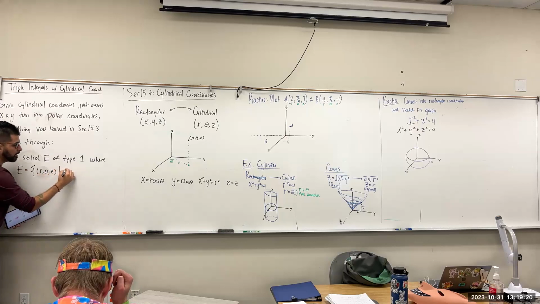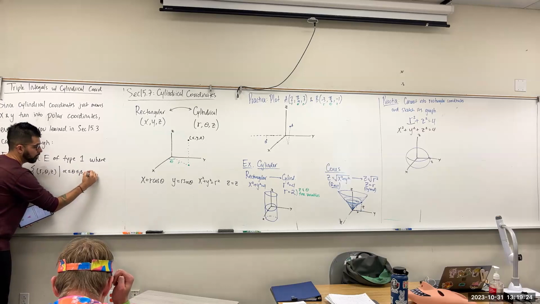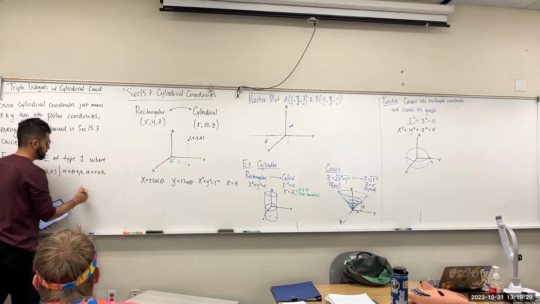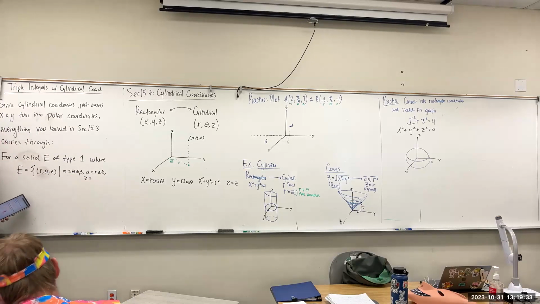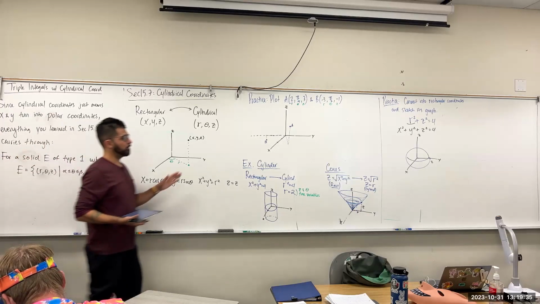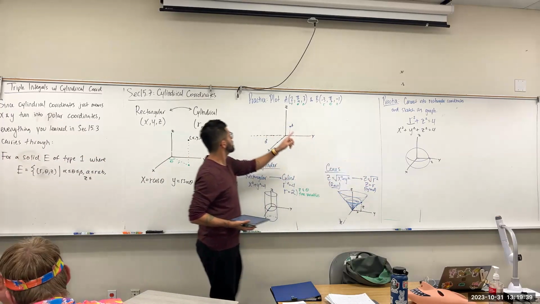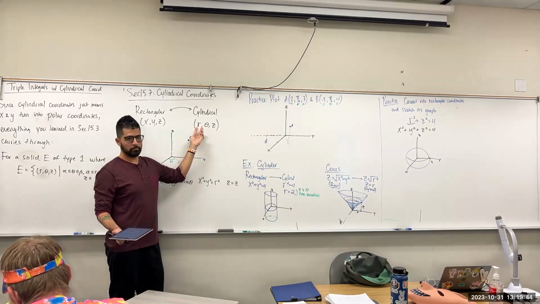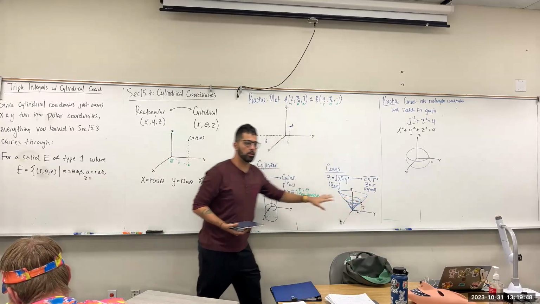And let's say theta is bounded by alpha and beta, r is bounded by a and b, and z is going to be bounded above by a function. z will now be a function of r and theta instead of x and y. These are the type of surfaces that we'll be looking at.